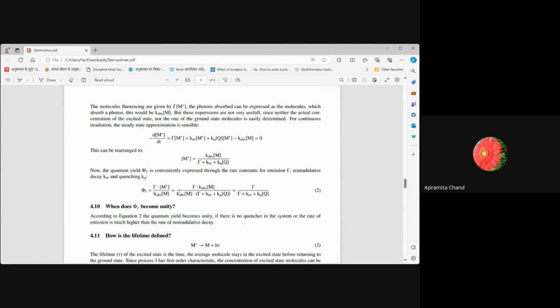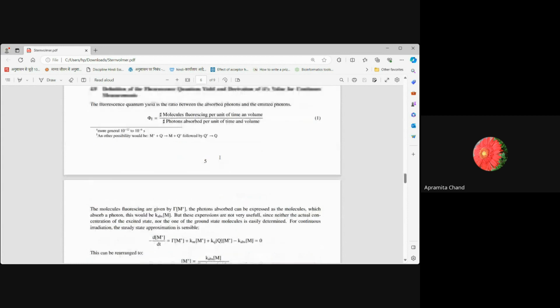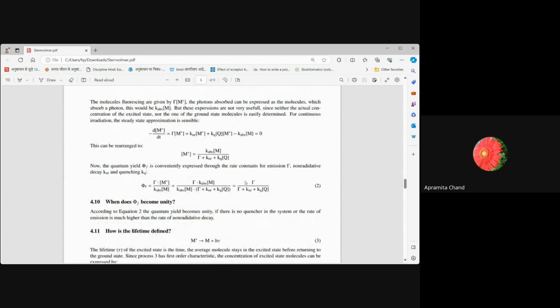The expression also reduces to this particular format, so these two expressions are important. Once we get M star, we can substitute it in the original phi f and we will be able to get this particular expression.